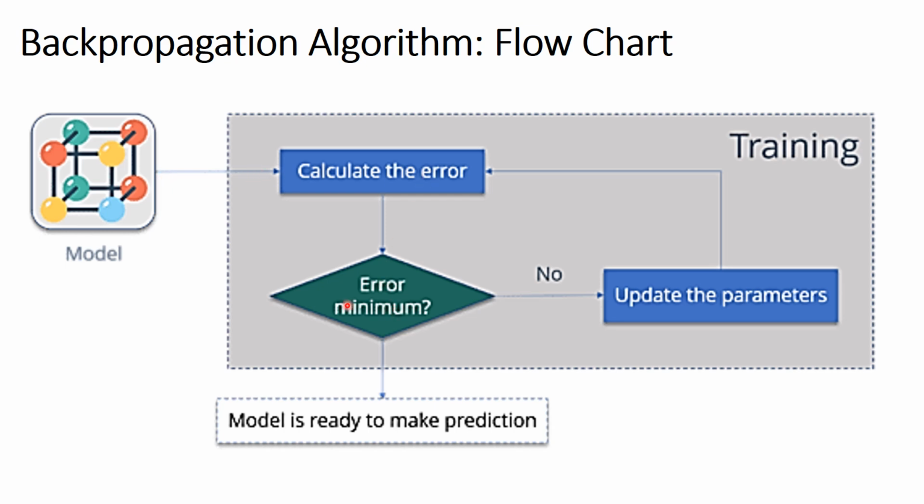Error minimum، decision box، هل الخطأ كان هو minimum؟ لو كان yes model is ready to make prediction، يكون كده النموذج يمكن استخدامه. لو كان الخطأ ما minimum you update the parameters and then train again the network, calculate the forward pass and then calculate the error and then check if the error is minimum, then the model is ready. If it's not minimum, then we update the parameters. These are the weights and biases, and then we train again the network and so on.